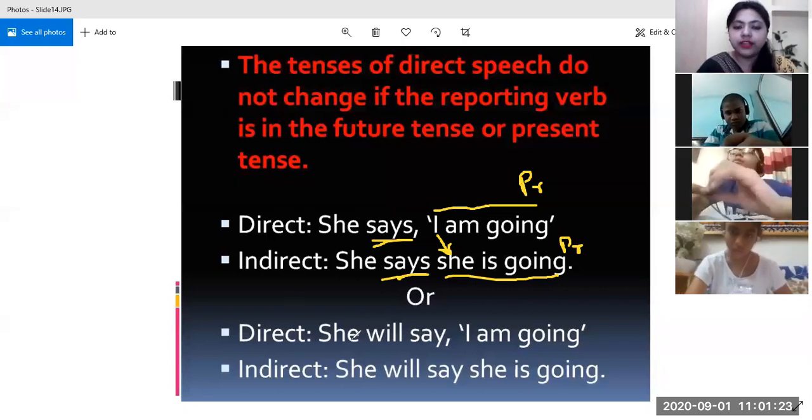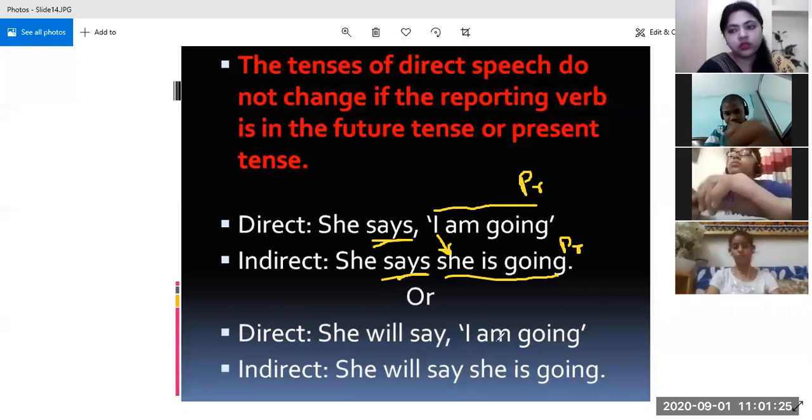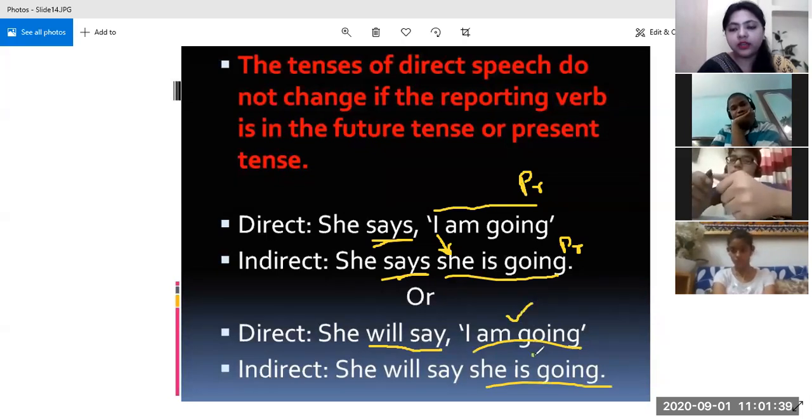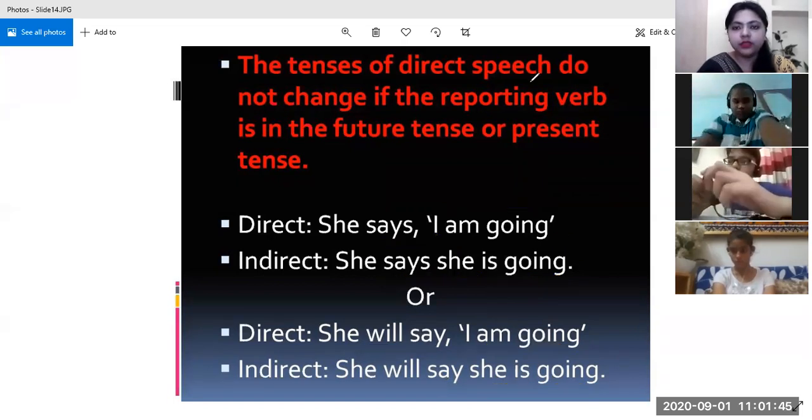And also when it is in future tense, then also we do not change the tense of the reported speech. For example, she will say. The reporting verb is in future tense, so the reported speech will remain in the present tense only. Like I am going will be she is going only, and it will not get changed into past tense, right?